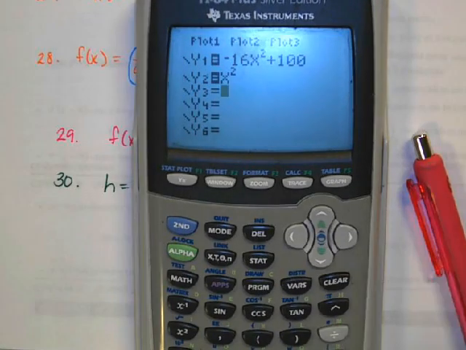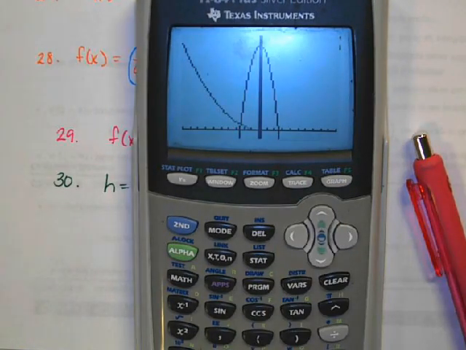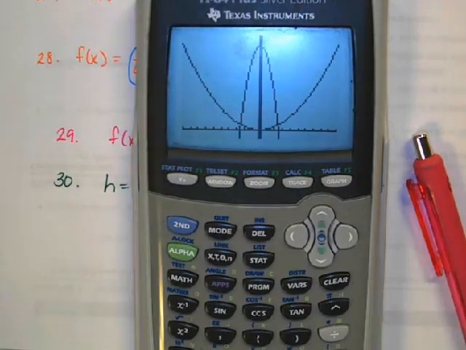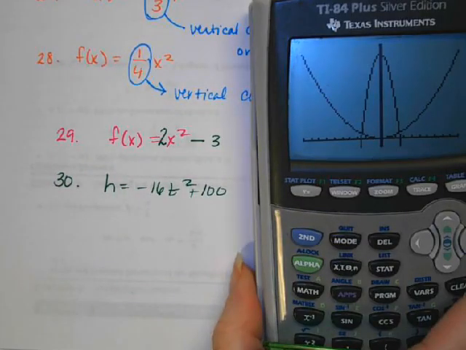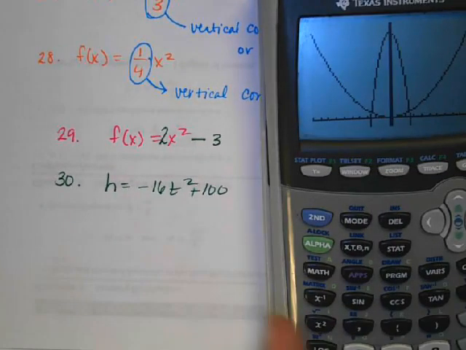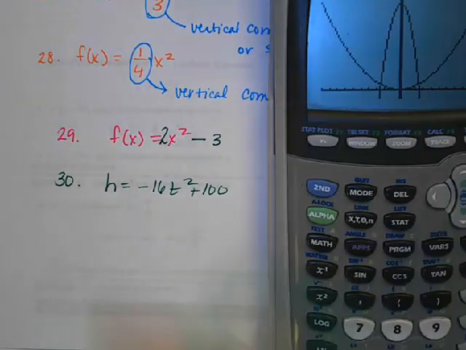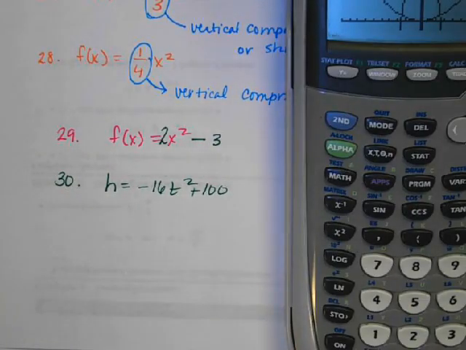All right, so there are several things about this that are different. Number 1, it is much narrower than the original. The original is the big fat one. It is upside down, and it has been shifted up. The narrower comes from the vertical stretch, for the same reason that we talked about with vertical compression.